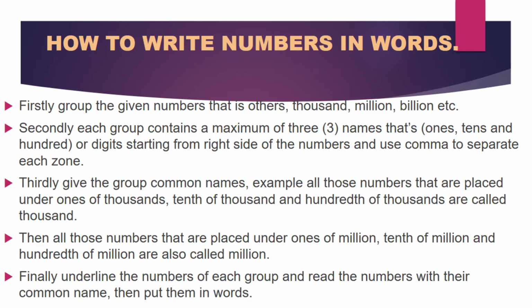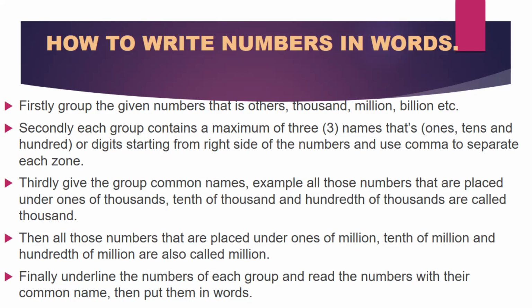Then you give the group common names. The given names are the others, thousand, million, and billion. Examples, all those names that are placed under ones of thousand, tens of thousand, hundreds of thousand are called thousand, okay?